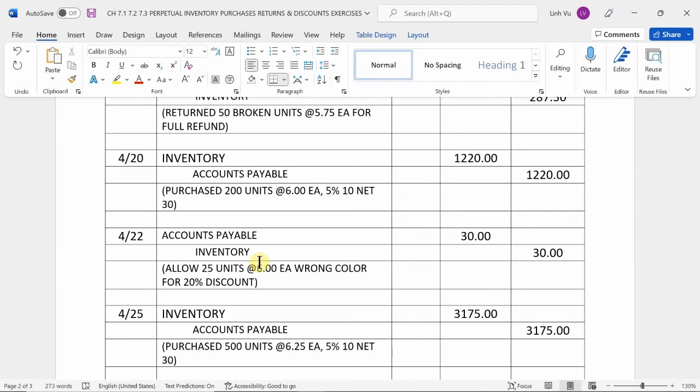Now, how would I calculate this 5% discount? It will be on the $1,190. Now, what does $1,190 include? It includes the freight.